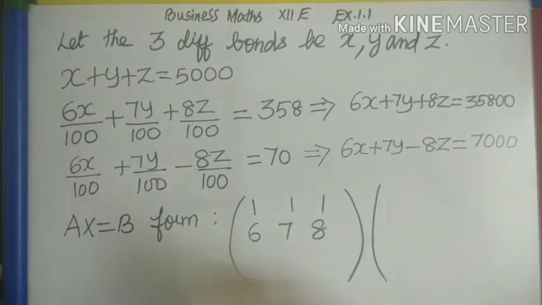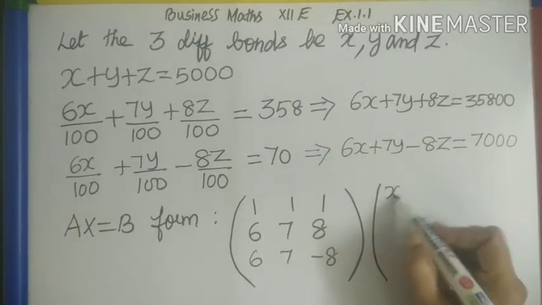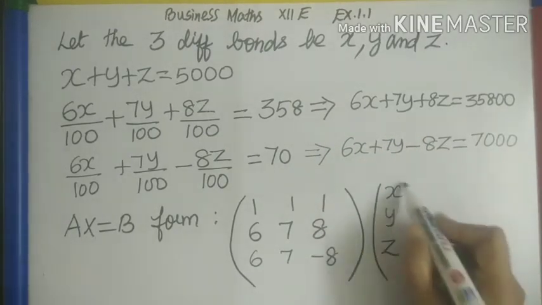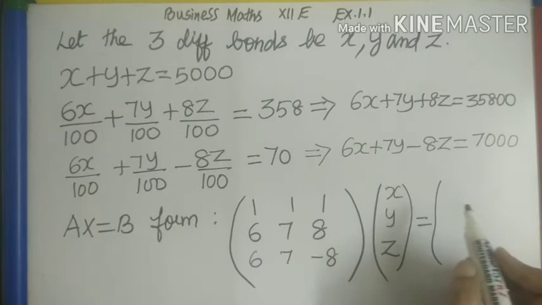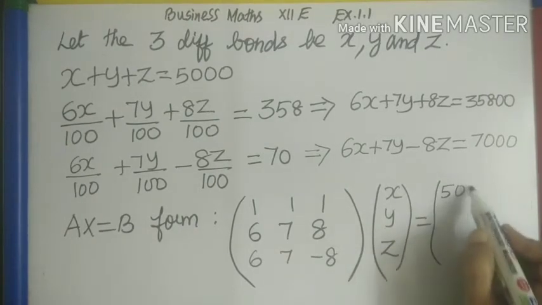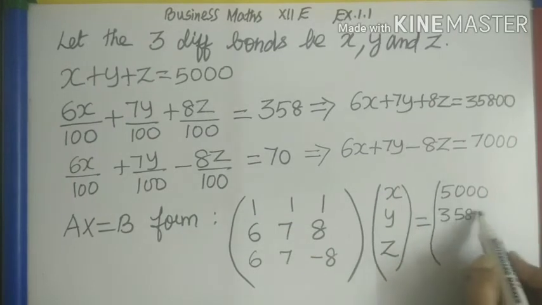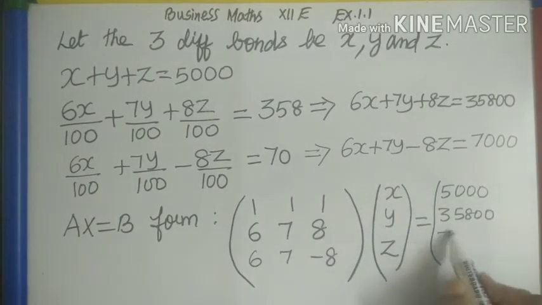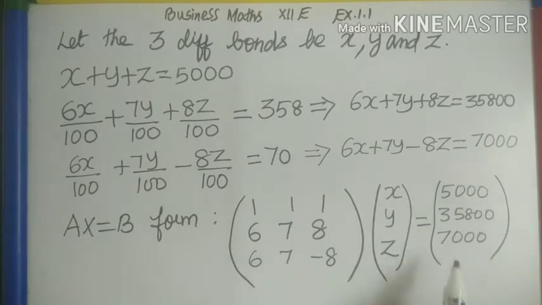Third equation 6, 7, minus 8. Into what will come? The 3 different variables. What are the variables? X, Y, Z equals to B. B represents the right hand side. What is the right hand side? 5,000, first equation. Second equation 35,800. Third equation 7,000. So Ax equal to B form.